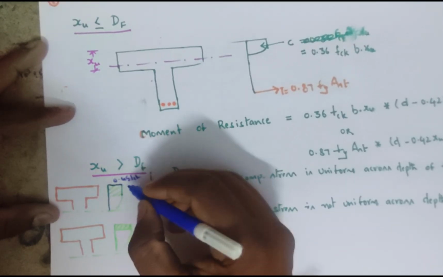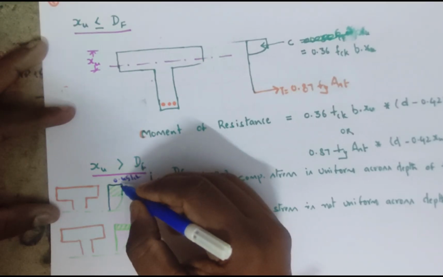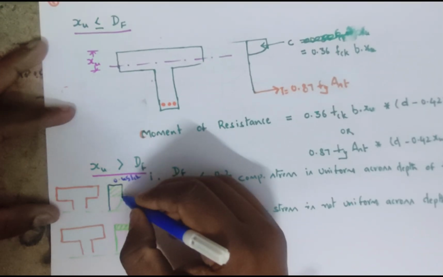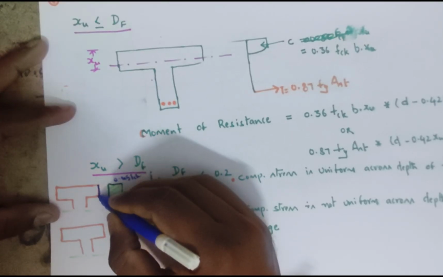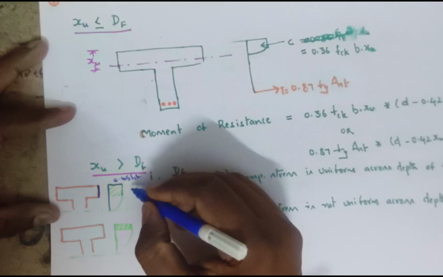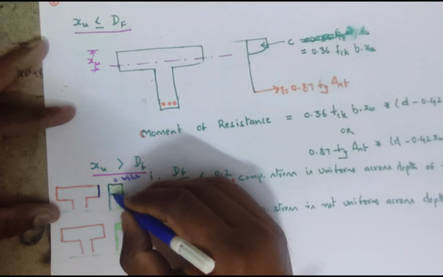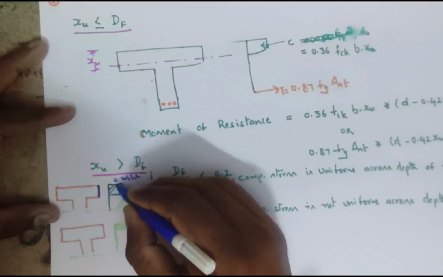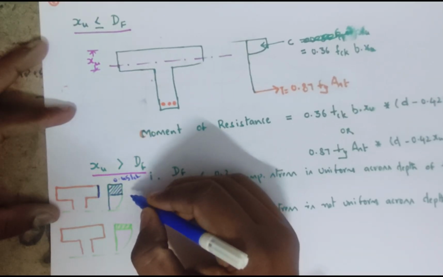This 0.45 fck stress remains up to the end of the flange. The complete depth of the flange has reached the stress of 0.45 fck. Means the complete rectangular portion will be occupied up to the depth of the flange. This is case number 1.